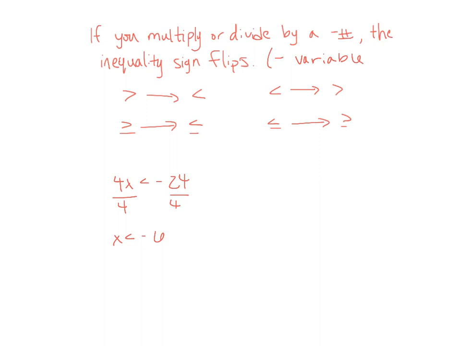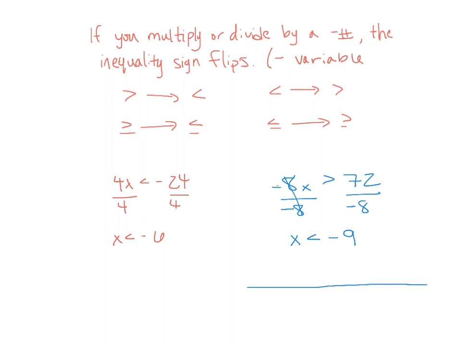However, if you have negative 8x is greater than 72, you divide by negative 8, and when you divide by negative 8, you need to flip it from greater than to less than, and 72 divided by negative 8 is negative 9, and then you would graph that just like normal.